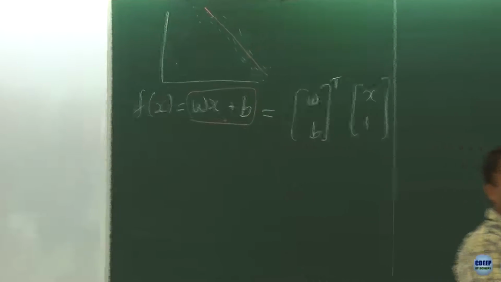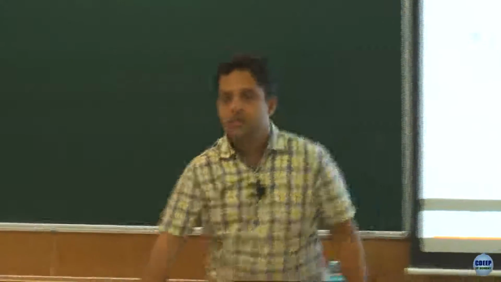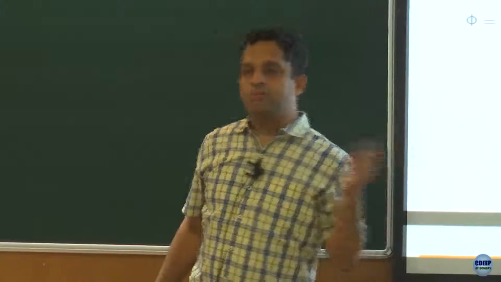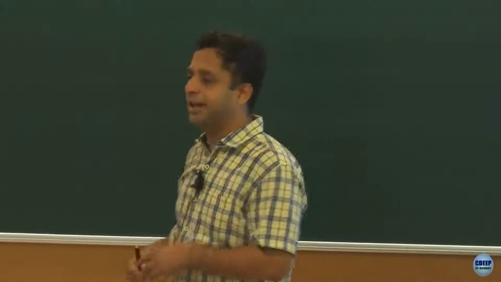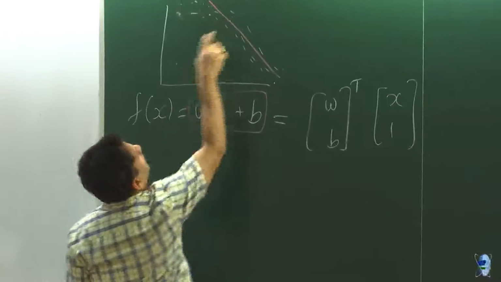And now I may want to make use of the fact that the phi's could be designed arbitrarily to suit my purpose. So can you give me a choice of phi's that would probably help me fit this set of points better?